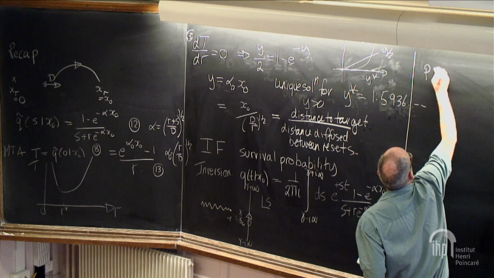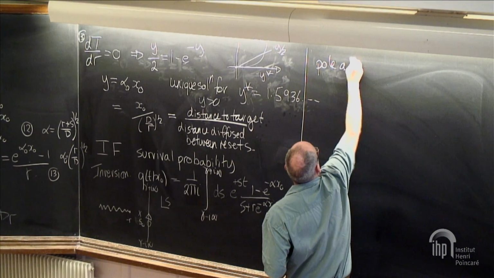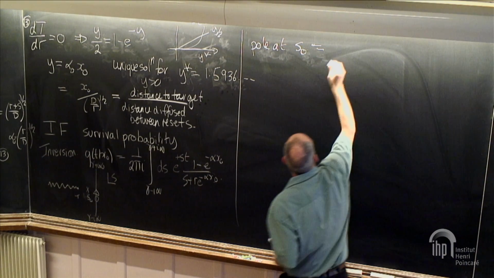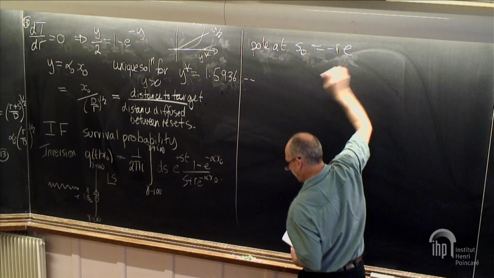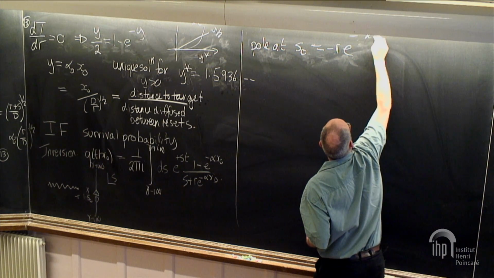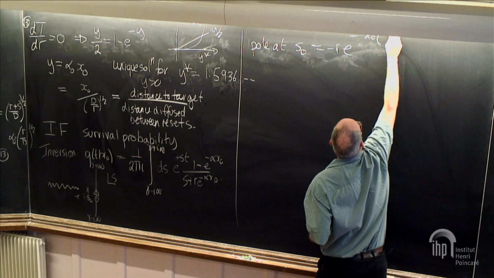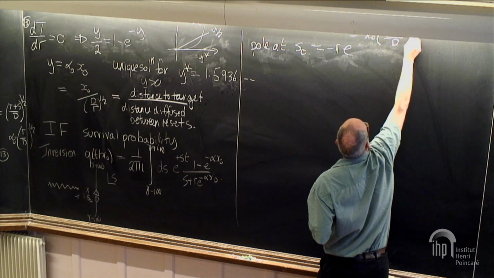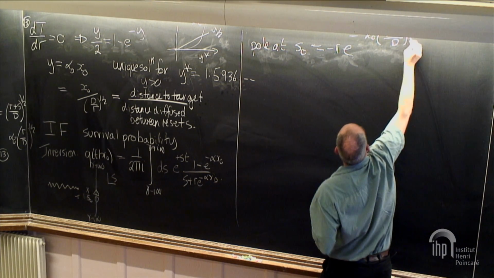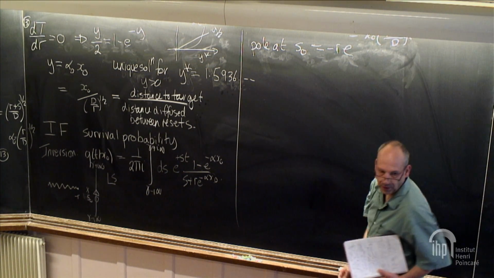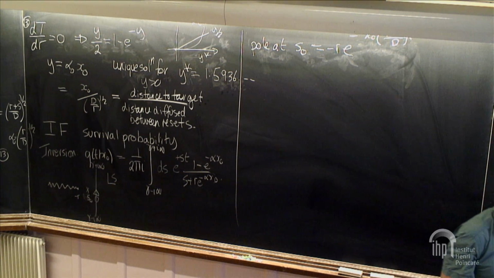So we've got a pole at s naught equals minus r e to the minus x naught over the square root of (r plus s) over D. So I need to solve that equation, which is a bit nasty.